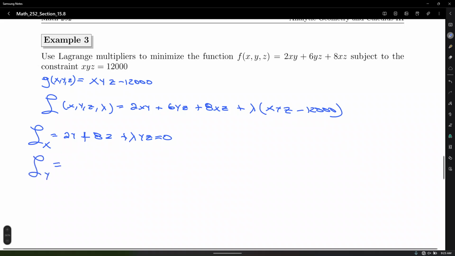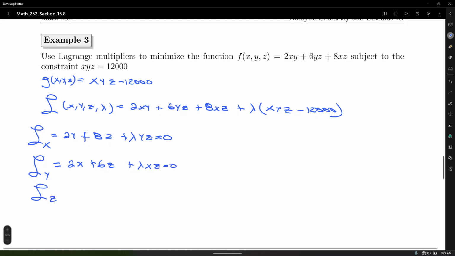L with respect to y, or Lagrangian with respect to y. Okay, careful. The derivative of 2x with respect to y, that's 2x. Plus 6z, plus 0, and plus lambda times the derivative of the inside of the parentheses with respect to y, the derivative of y, which is 1, times xz, equals 0.